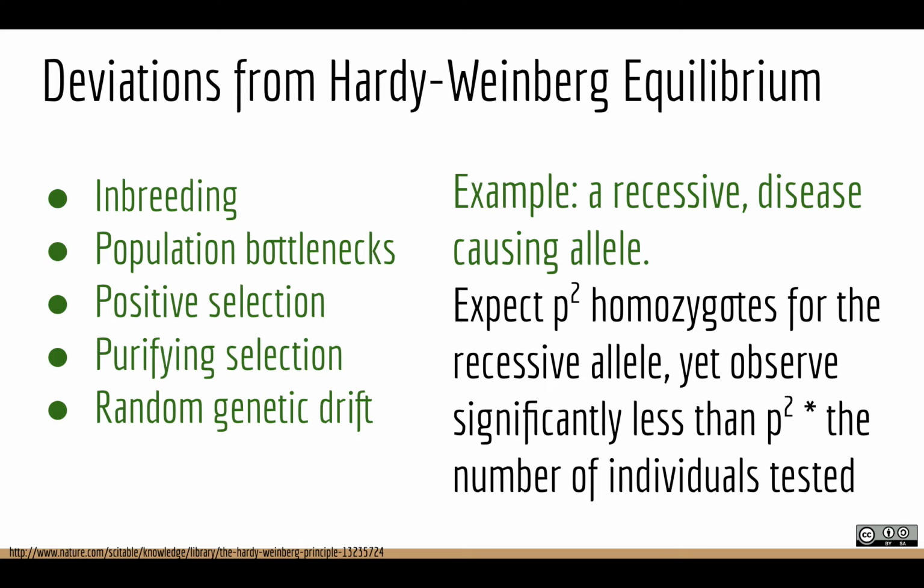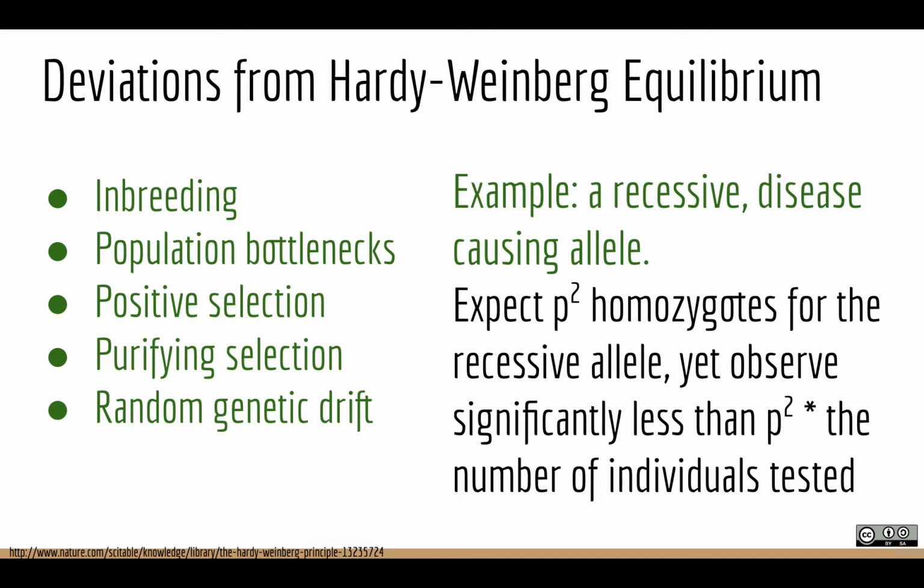A clear example would be a recessive disease. If that variant leads to recessive disease, the homozygotes that we observe for that deleterious allele should be far lower than we expect given the allele frequency, because heterozygotes are tolerated. So what we should see is an inflation of observed heterozygotes, and a deflation or depletion, I guess is the better word, of homozygotes for that deleterious allele.